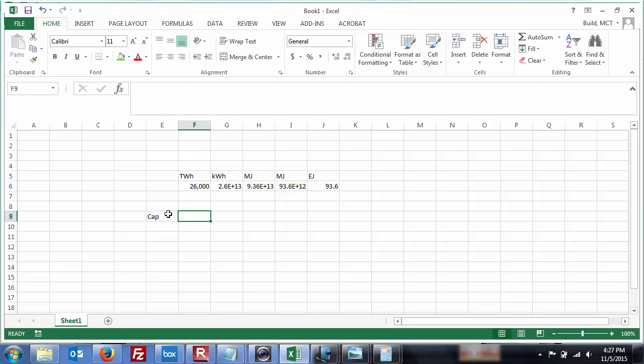Capacity, so 70,000. I'll call this cap 4. Cap 3. So this is 185,000, 335, 400. That's 70,000 gigawatts.